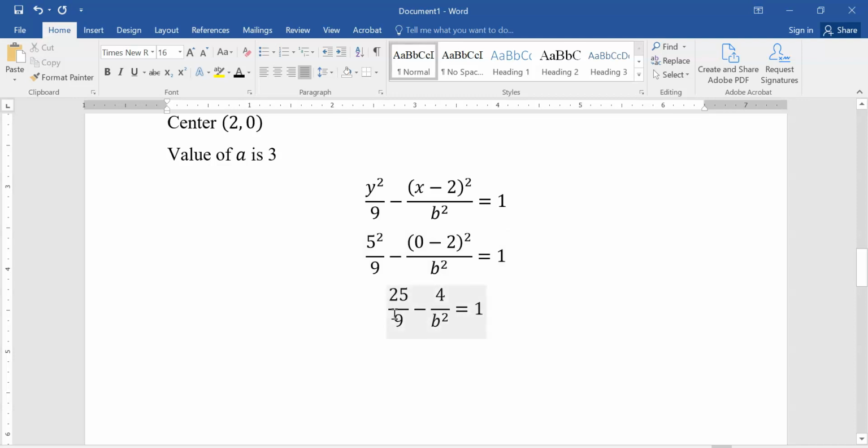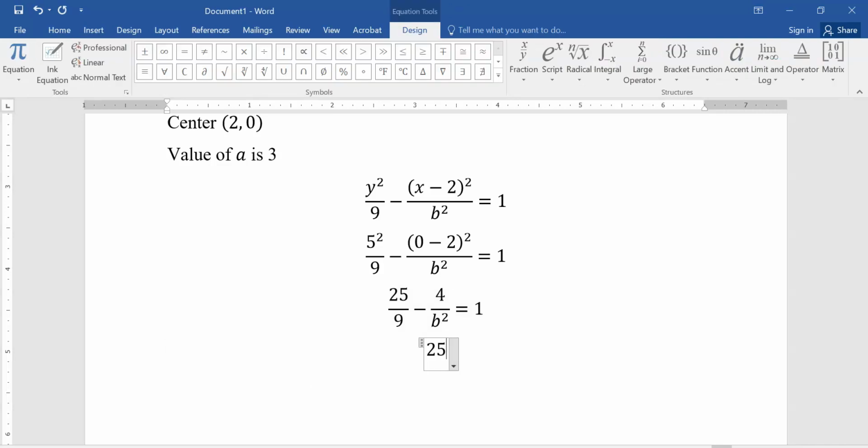What do I want to do first? Well, let's add 4 over b squared to both sides, and then subtract 1 from both sides.